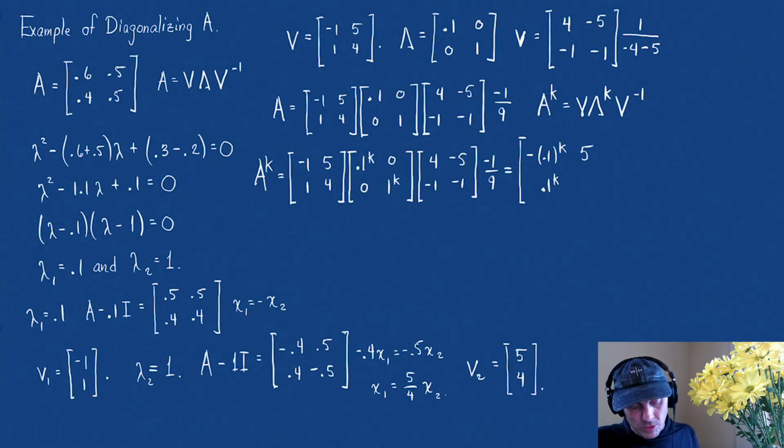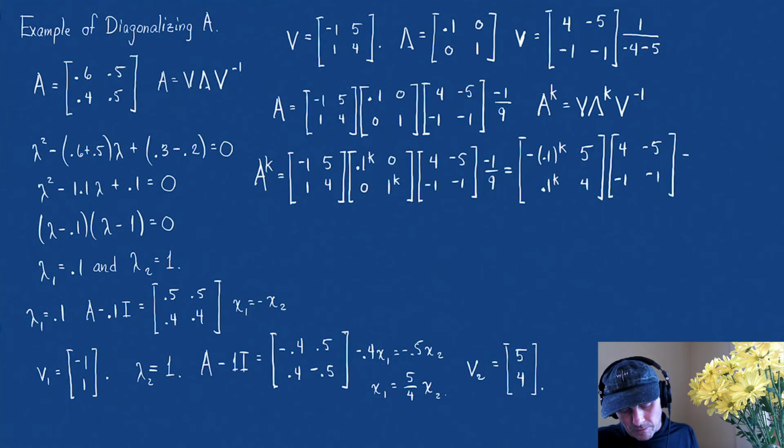And then row 2, column 2, that's going to be 0 plus 4. Okay, times v inverse, which is still [4, -1; -5, -1] times -1/9.